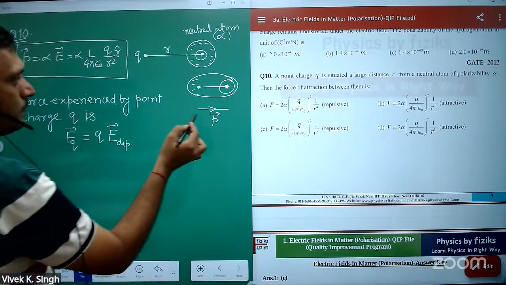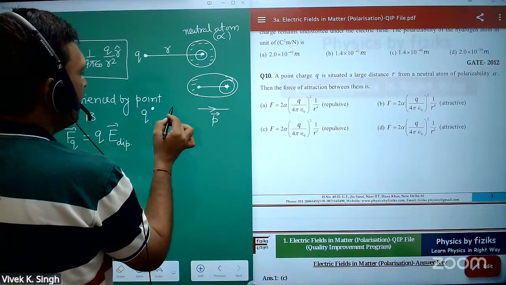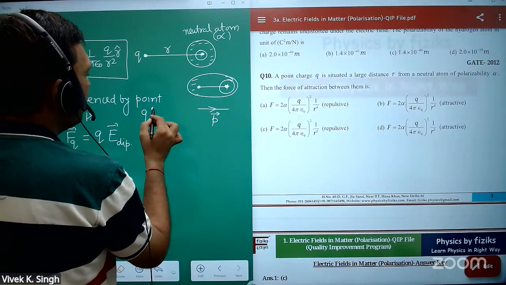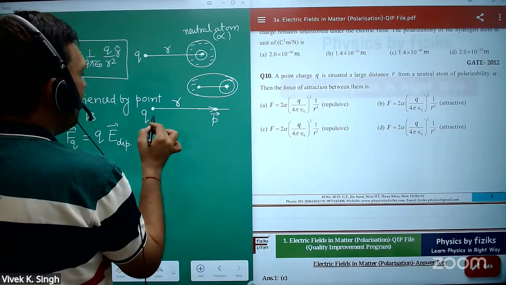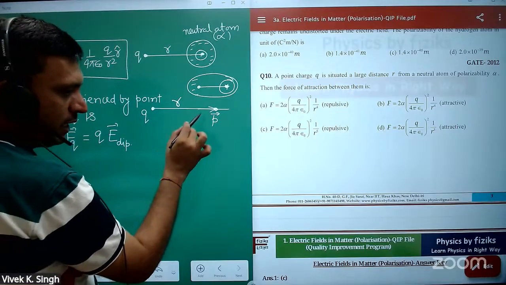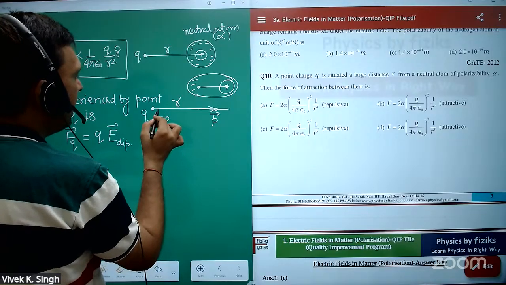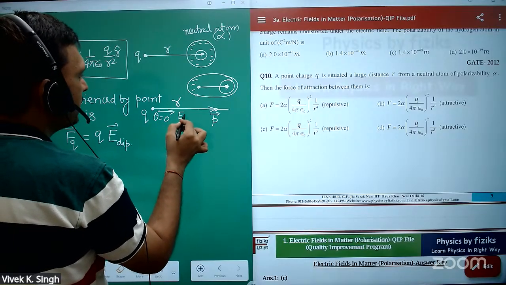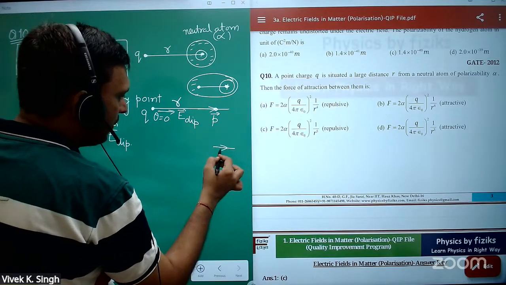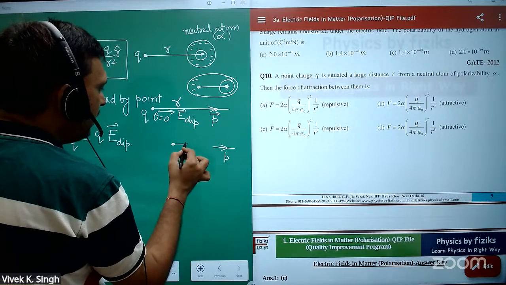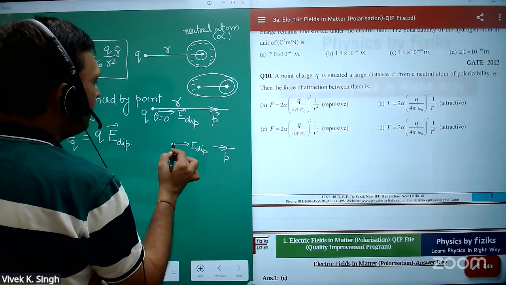Now you have to see, if this is the dipole and it is placed at r distance away from the charge Q, what will be the electric field at this point? We have already calculated that if this is the z direction, then theta will be 0, and the electric field due to the dipole will be in this direction. Because when this is the direction of the dipole, at this point E due to the dipole will be in this direction. In previous cases we have seen that. So theta will be pi, not 0.